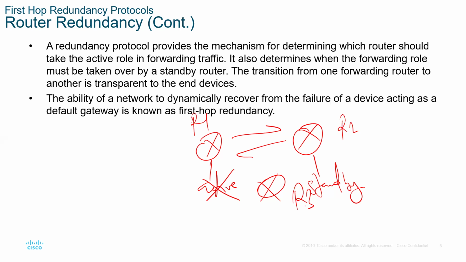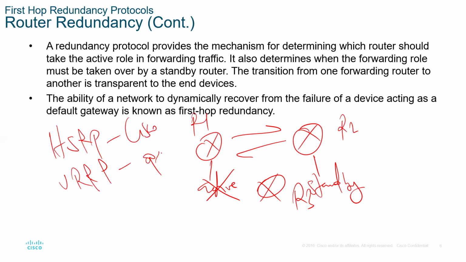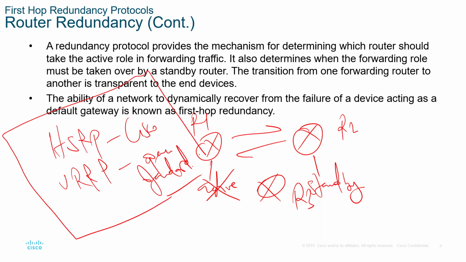And we have mainly two protocols I think we are going to discuss. The Hot Standby Router Protocol, then we have the other one, VRRP. This one being Cisco proprietary, and this one being an open standard. So like always, I think you've seen a trend. You could see Cisco always has proprietary protocols.